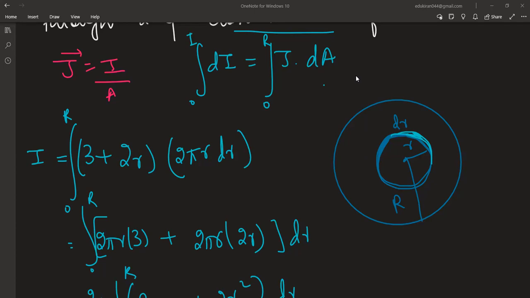If it's a square or a rectangle, length into breadth. So in a circle, we take length into breadth. What is the length of a circle? 2 pi r. What is the breadth, the thickness? dr. Had it been volume, let's say dv, then you would do area into thickness. So area would have been pi r square, then into dr. Clear? Yeah.